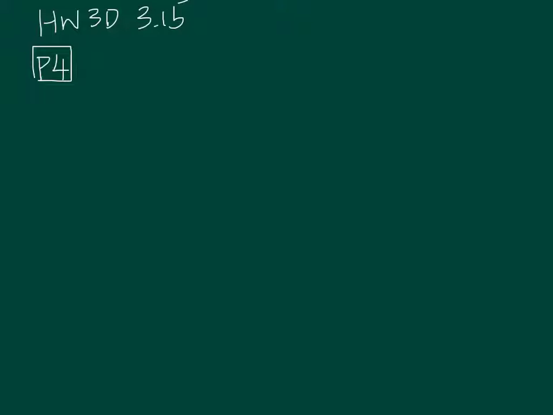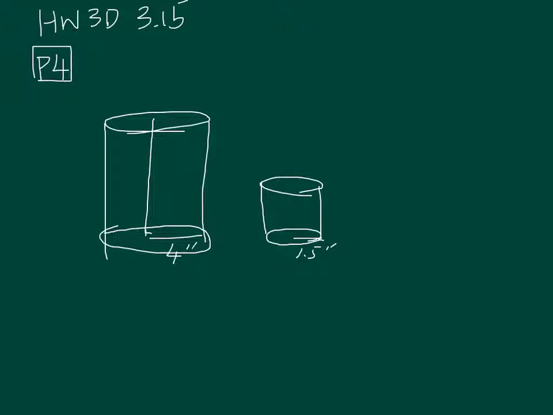How much did the level of cider in the pot go down? So first of all, we have a cylindrical cup with 4 inches, and we have two cylindrical pots. We want to use the smaller one, which has a radius of 1.5 inches. We want to fill that up first and then pour into the pot so that we'll have 4 inches deep of cylindrical cup.